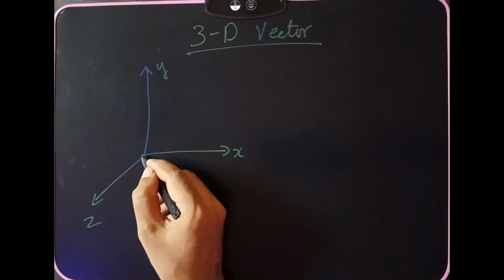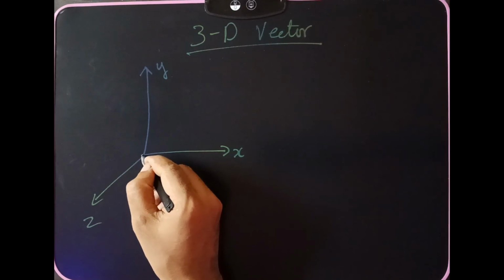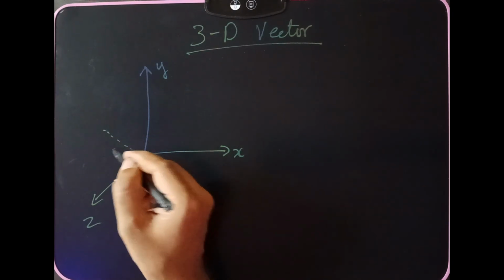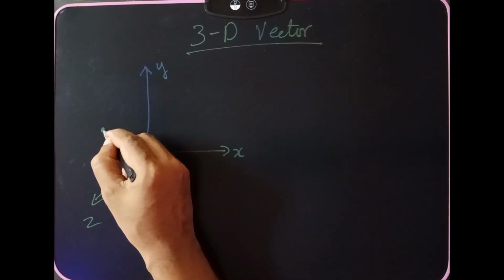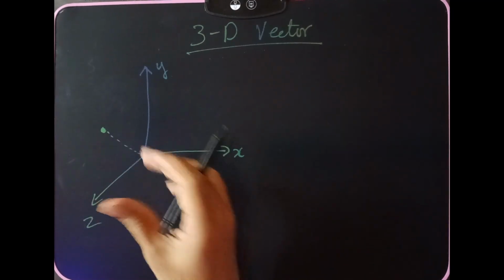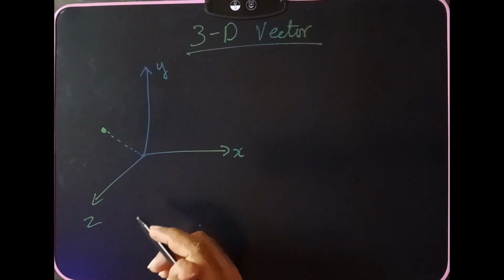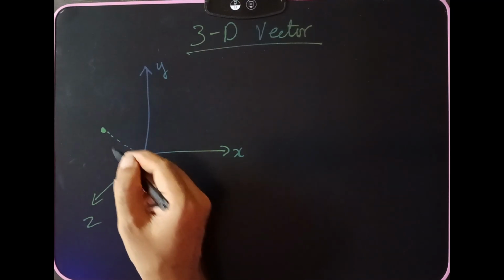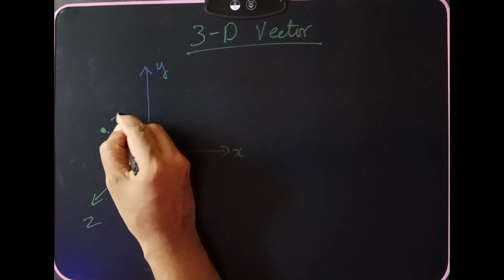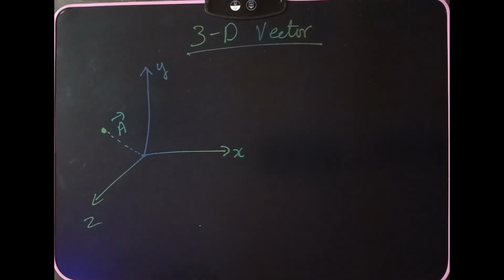So if you have a vector A, let us take it somewhere in between, it will appear somewhere here. If it's a cube, it doesn't appear exactly in between, but this is A. If you can imagine it, it will be better.